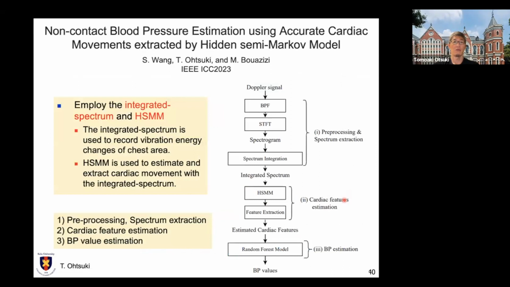And then, not the same technique, but we propose a different technique and presented it at this year's ICC. So here, again, we employ the integrated spectrum and also the hidden semi-Markov model to estimate the more accurate timing of the heartbeat. And then apply, for example, the random forest model.